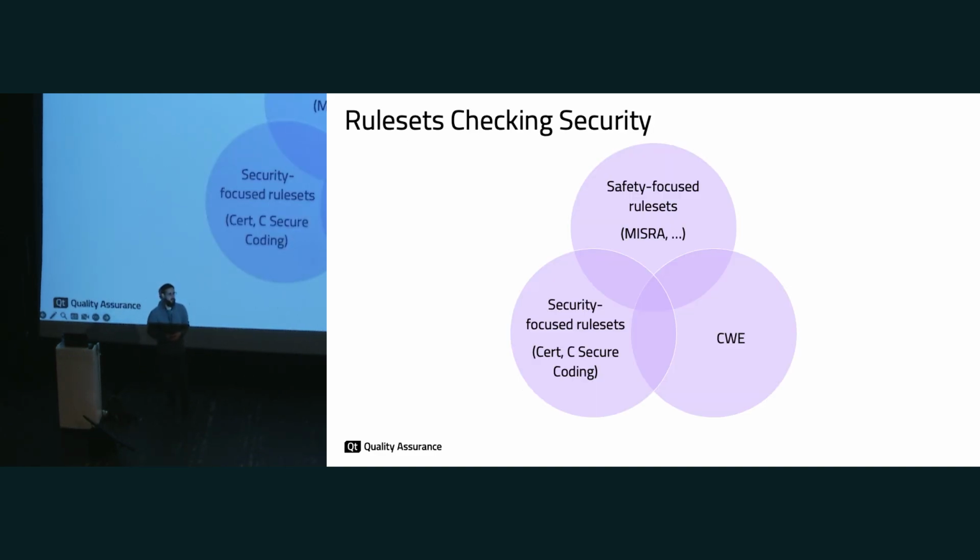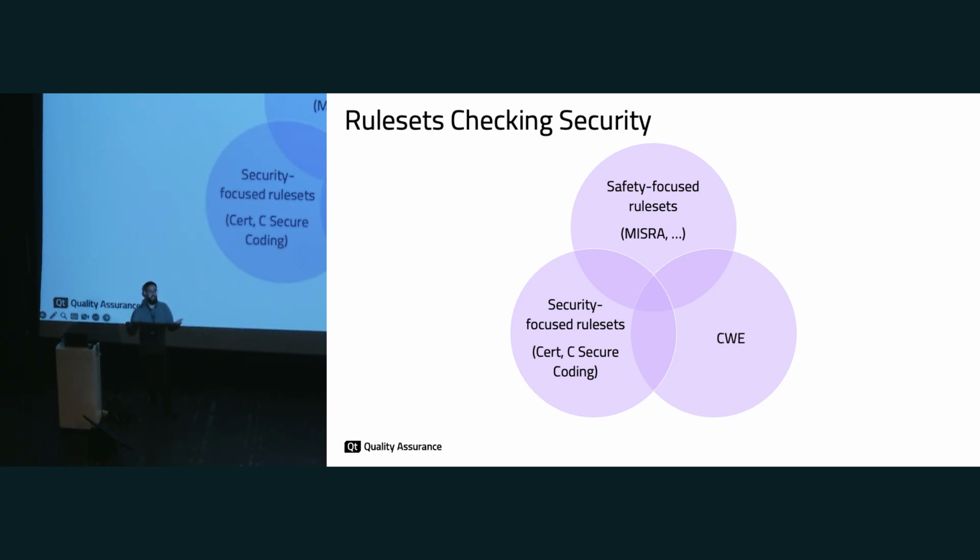The nice thing is, at least to some extent, that's an out-of-the-box experience, because these analyzers support multiple rule sets that cover security and safety, and the safety rule sets now are going into security as well. It gets harder and harder to distinguish those. Because if your braking system crashes and doesn't brake, it tends to be less and less important if it broke by itself because it wasn't well programmed, or if it broke because somebody made it break.